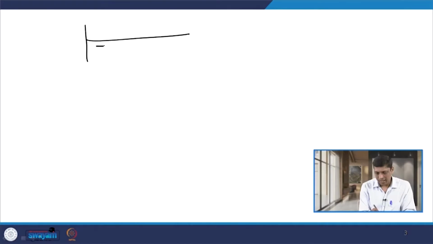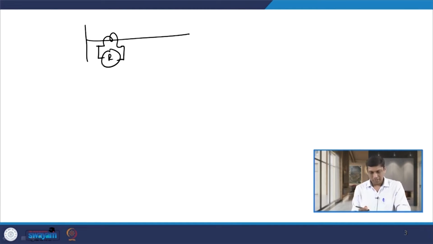So, let us solve this example. As I told you, the relay R is connected across the secondary of the CT. This relay is an IDMT overcurrent relay. The CT ratio given is 100 by 1, and the fault is going to occur here. There are two cases.